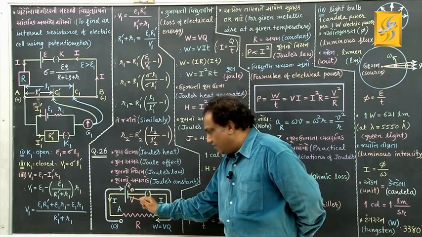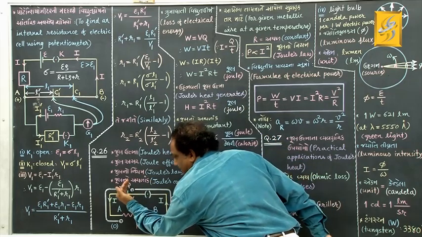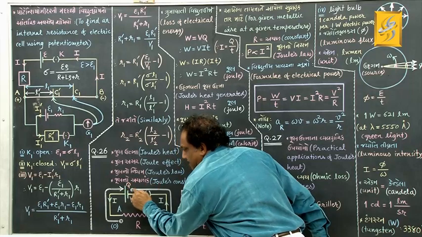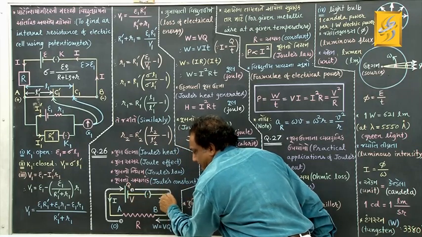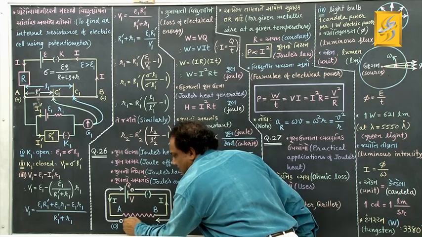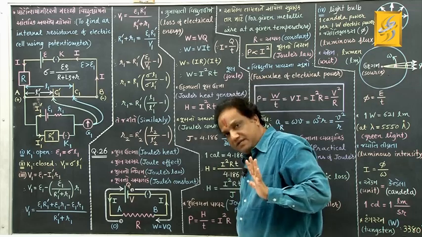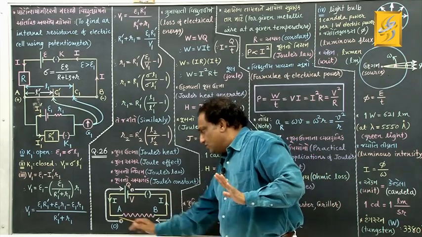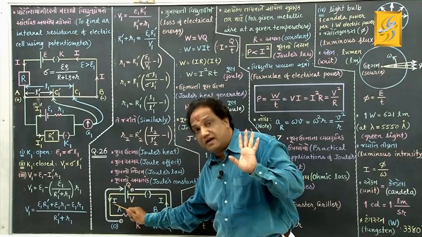From this negative terminal of the battery, free electrons are pushed away this way, and that is why these free electrons are drifting in this conducting wire, and ultimately they reach the positive terminal of the battery. Correct? And just opposite to this direction, we are supposed to show the direction of electric current.